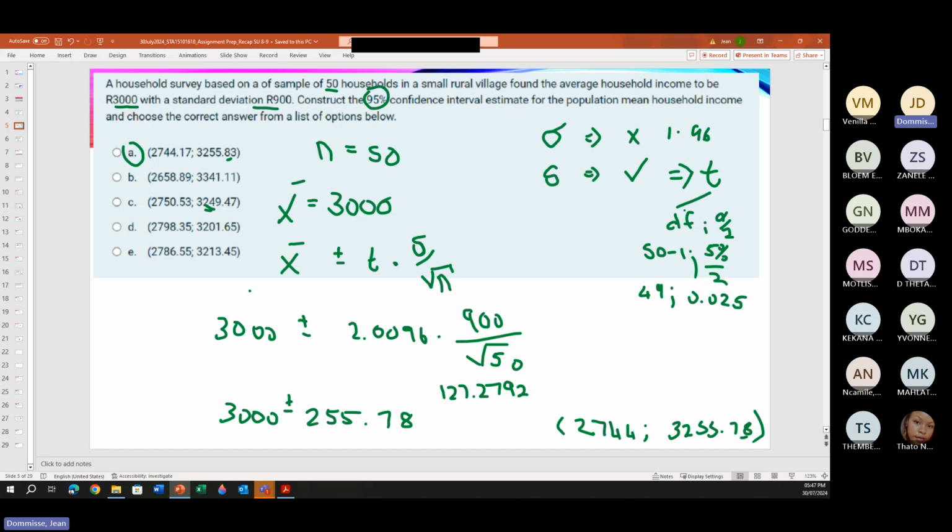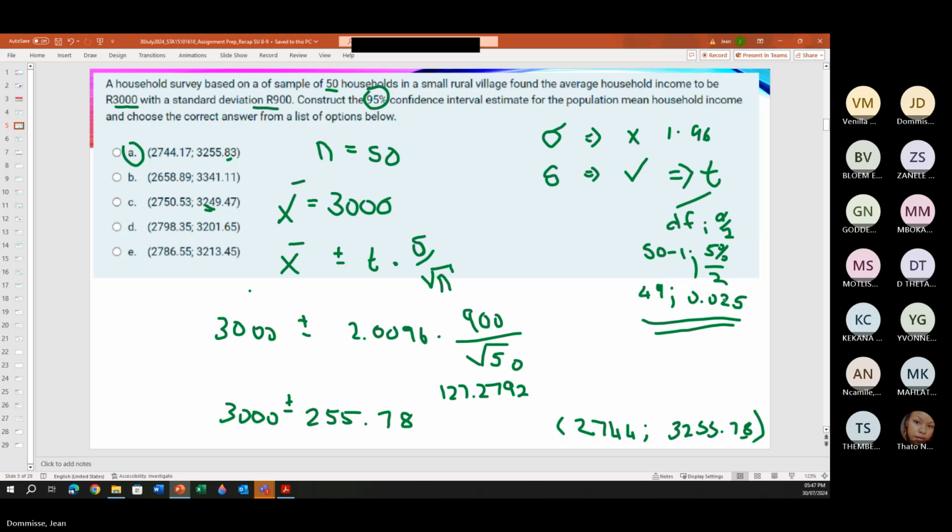Then important, for the t, the degrees of freedom is 50 minus 1, which is 49. We work with the alpha divided by 2. So we get the alpha by saying 100 minus 95, so that's the 5%. And then again, we have degrees of freedom of 49.